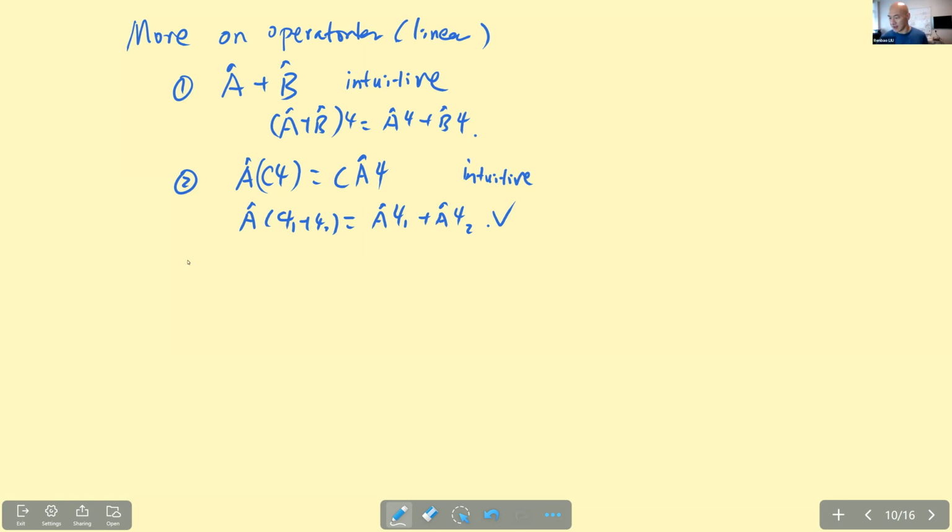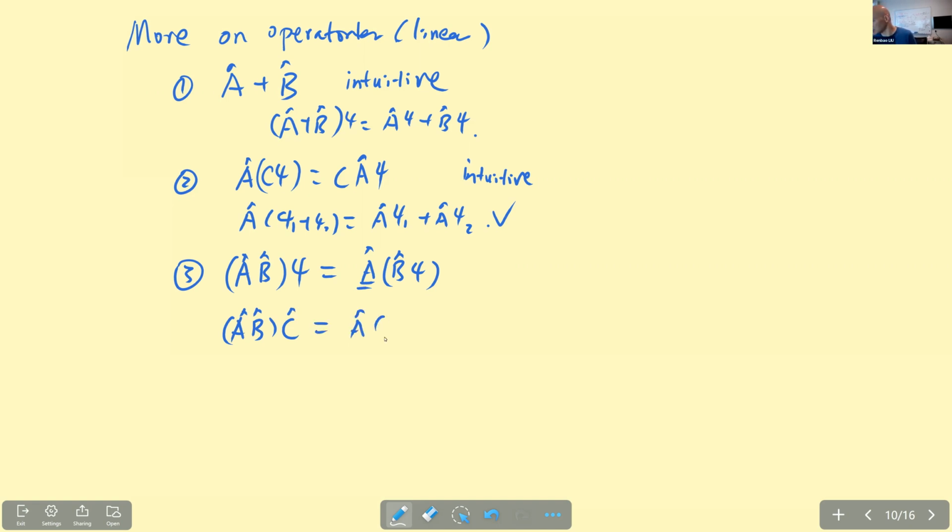Another one is that if you have, for example, a product of operators, this actually means you do this one first, and then do this one later. From this one, you can immediately say that if you have AB acting on C, it can be written as you do this one by one.